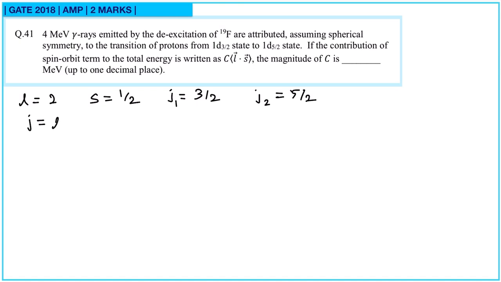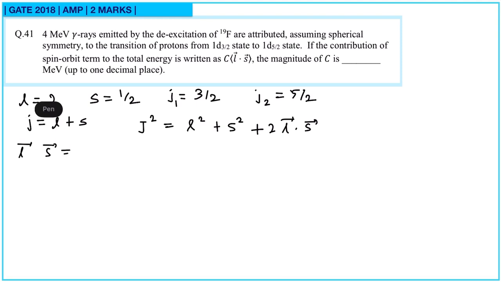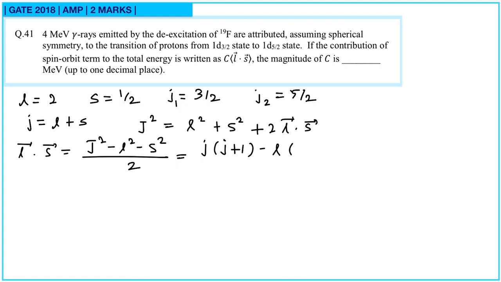Now J is equal to L plus S. That means J square will be equal to L square plus S square plus 2 L dot S. So from here L dot S will be J square minus L square minus S square upon 2. So this will be equal to J into J plus 1 minus L into L plus 1 minus S into S plus 1 upon 2, into we have h cut square.